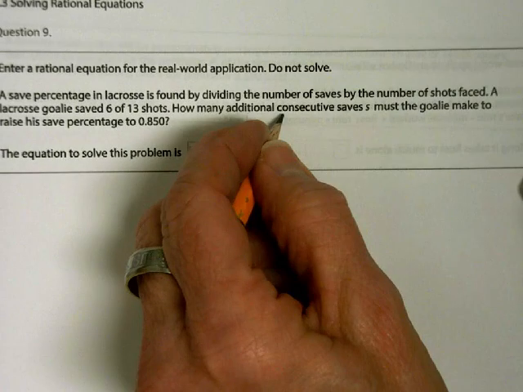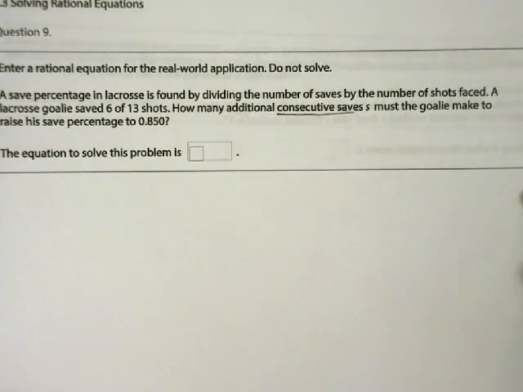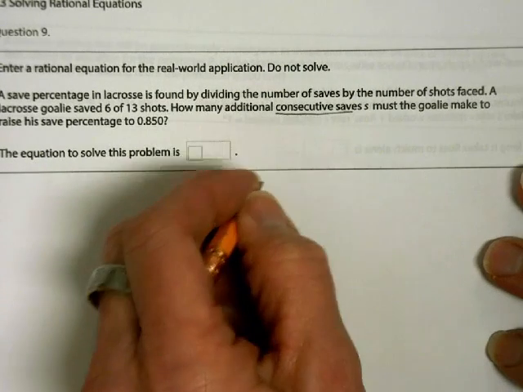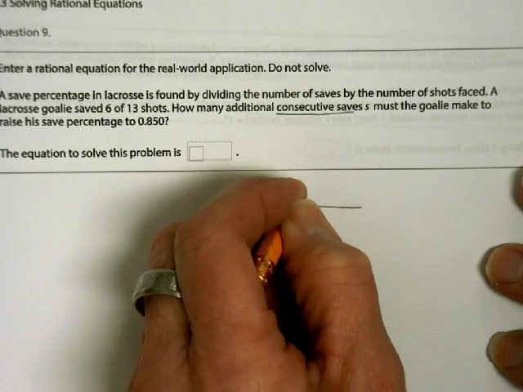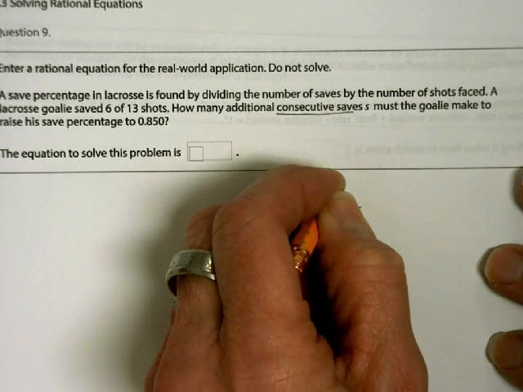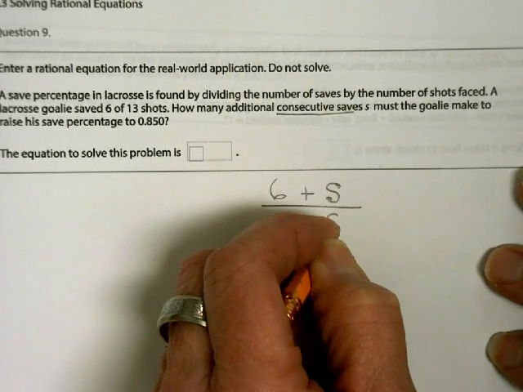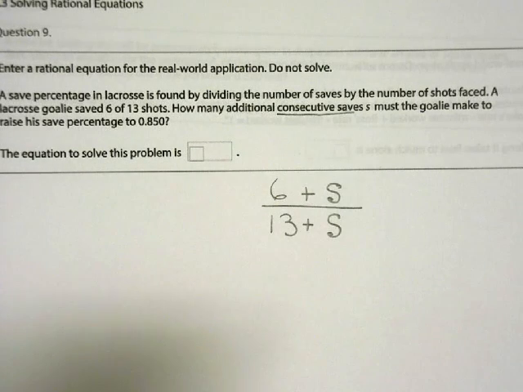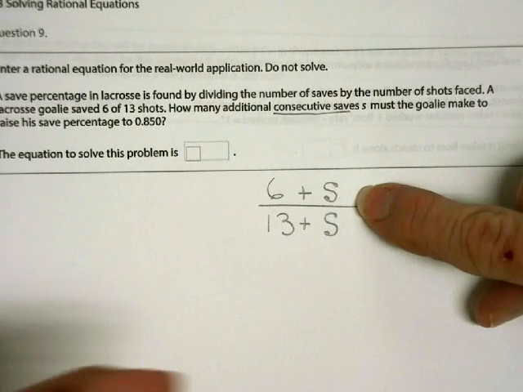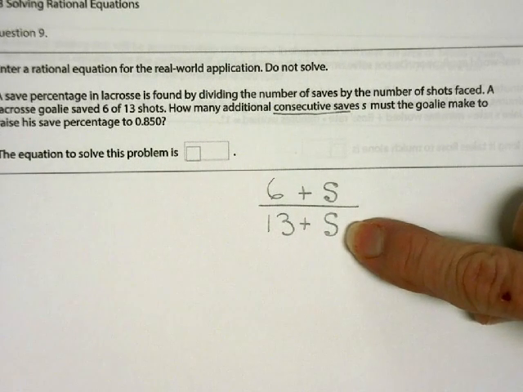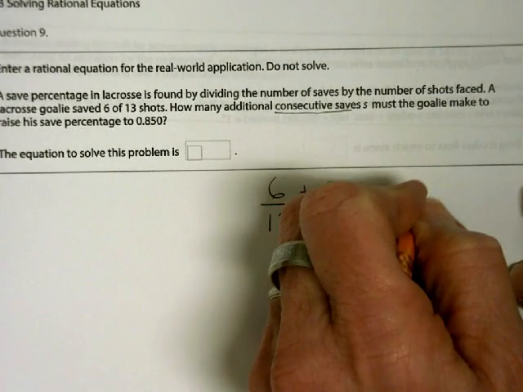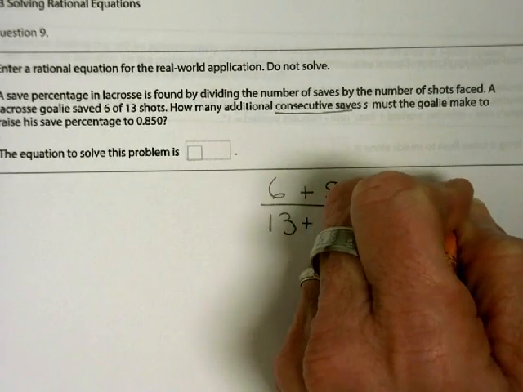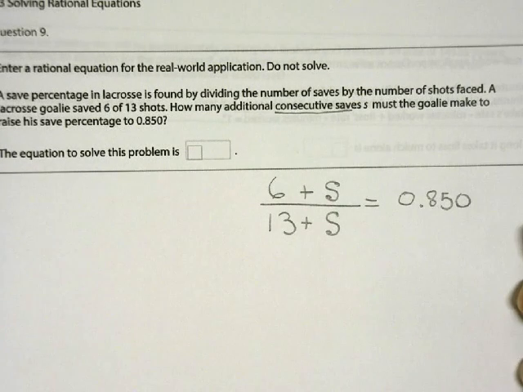So this is how you write an equation. The key word here is consecutive, okay? So he never misses any. If he starts out with 6 out of 13, then you just add his saves to the numerator and the denominator, because if he saved S saves out of S shots, then he would up his percent to 0.850.